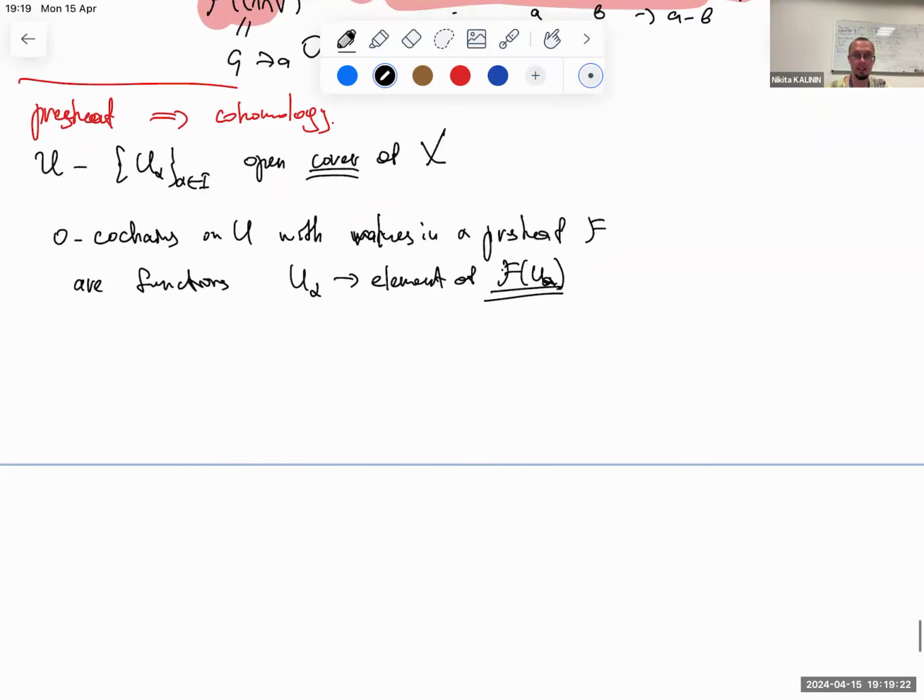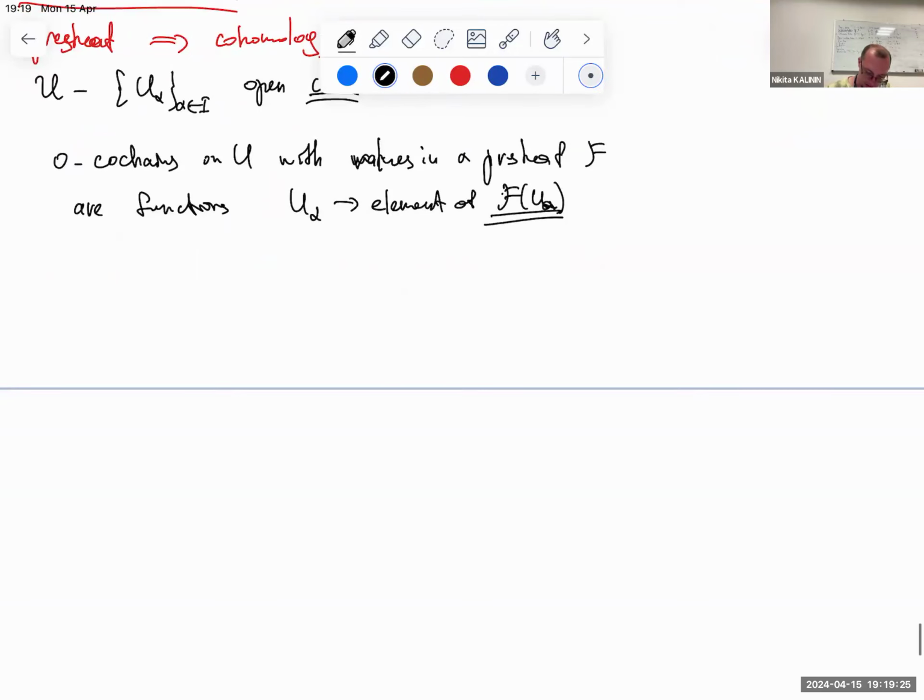Then what are the k chains, one chains? So here it's C0(U, F), and then C1(U, F). These are all the maps which assign an element of the group for any intersection.